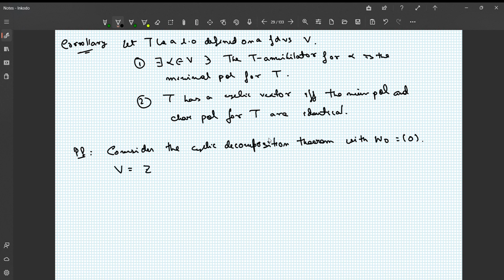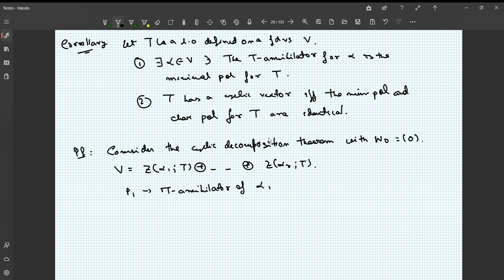Then obviously you have V as a direct sum of these T cyclic subspaces, up to alpha r. We had the T annihilator of alpha 1 to be P1, right? P1 was the T annihilator of alpha 1.